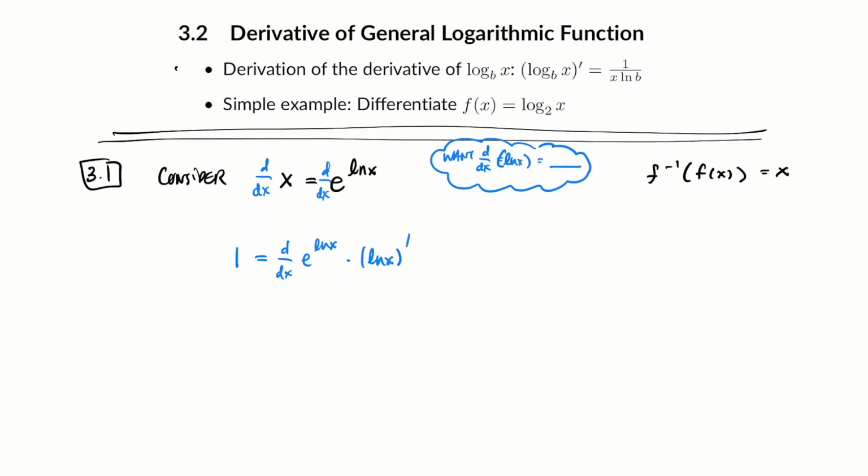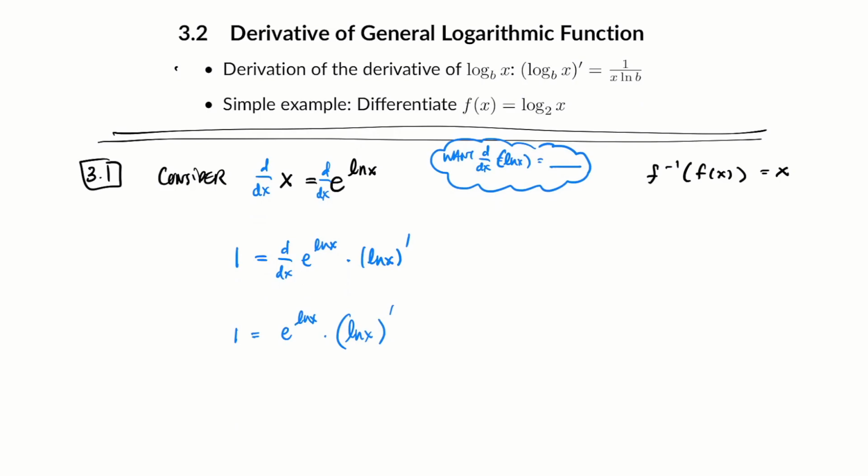And then we see, okay, well, 1 equals the derivative of e to the ln x, which is really just e to the ln x. We get back what we had, times the derivative of the natural log of x. And this is just because the derivative of e to the anything is e to the anything, and we have the derivative of the inner function there.